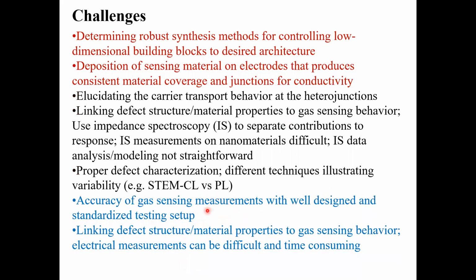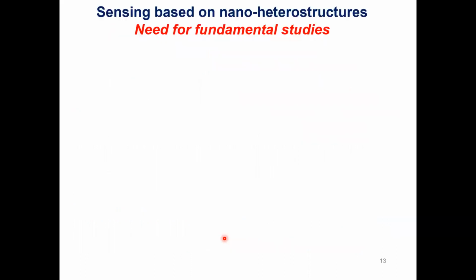And one has to worry about the measurement accuracy, and then linking the defect in the material to electrical conduction and hence sensing behavior. It's a lot of challenges. But what we found out is that there is a clear need for systematic studies. These people are making random structures, and different labs are reporting different results. So some systematic fundamental studies needed.